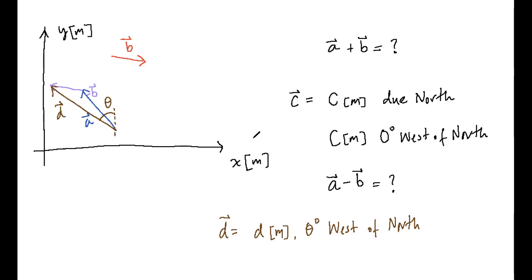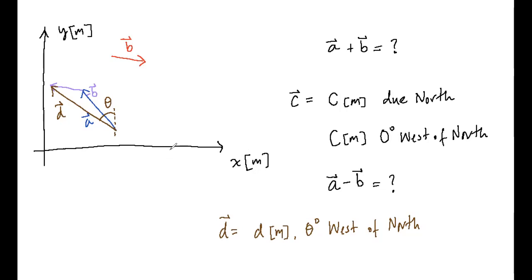Hopefully through all this, you've seen that not only can you add and subtract vectors, you can also multiply them by a scalar. What we did here in going from B to minus B is we took the vector B and multiplied it by -1. It doesn't have to be -1.